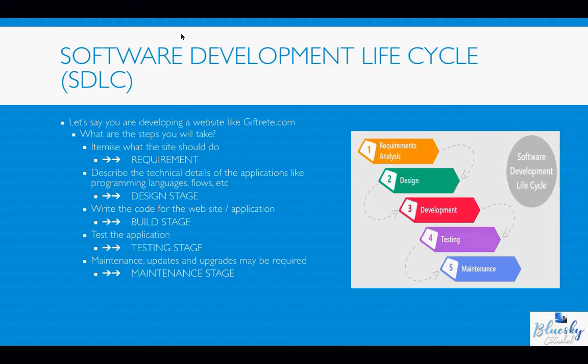So design stage is when you describe or actually write all the technical details about the application, how the flow should work, what different database we should involve, and also what calls you are going to make, interaction with different applications or something like that. So you need to put that into perspective.